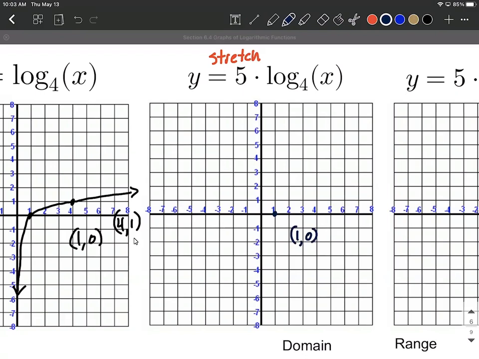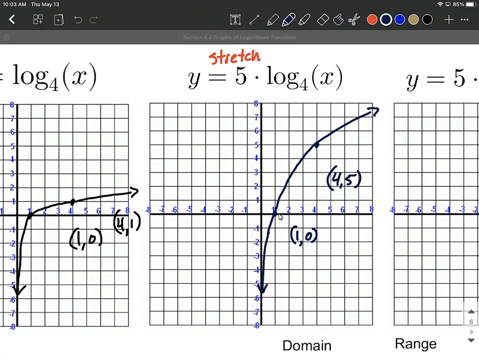However, the second ordered pair, the second key point, (4, 1), as we multiply that y value by 5, it's going to go to (4, 5). 1 times 5 makes 5 for that new y value. So the look of our graph is going to be much taller than the original. It's been stretched out.